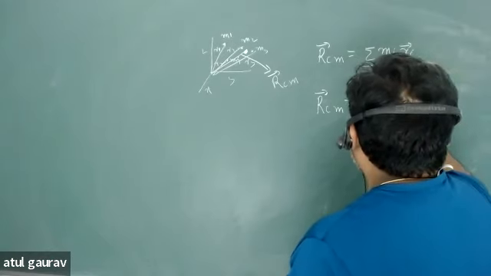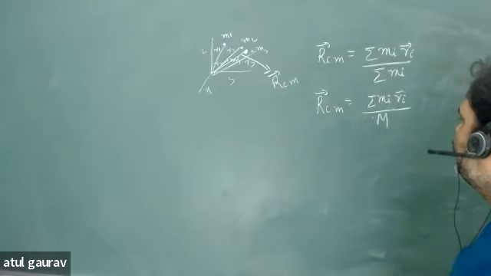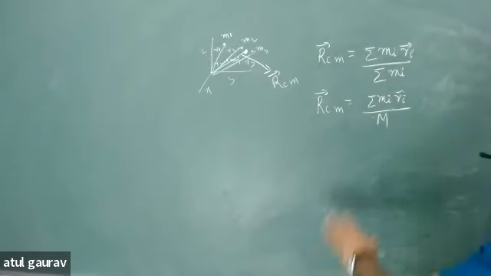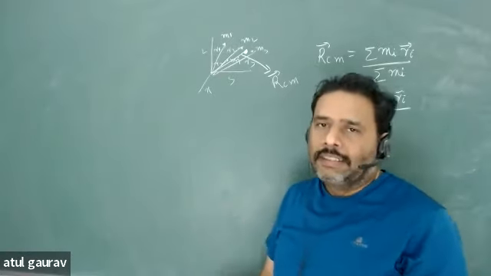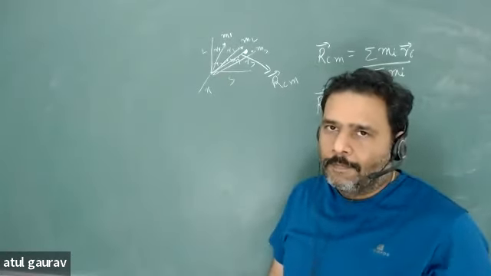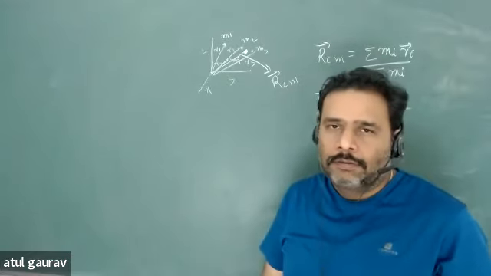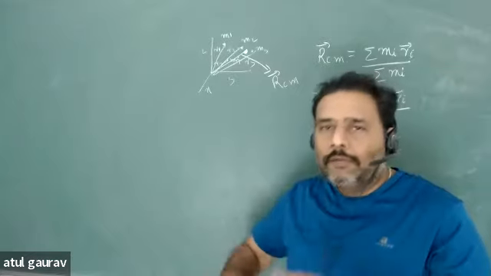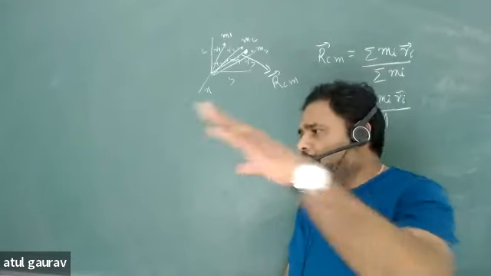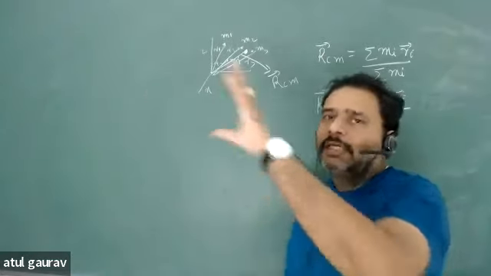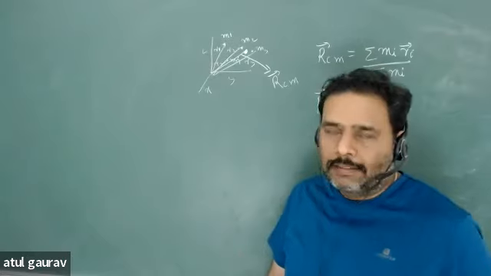This is something like an average, so on an average you can say where your masses are going to lie. Center of mass is a very important point, and it will always reduce your effort to solve a problem if you try to use center of mass as your origin.